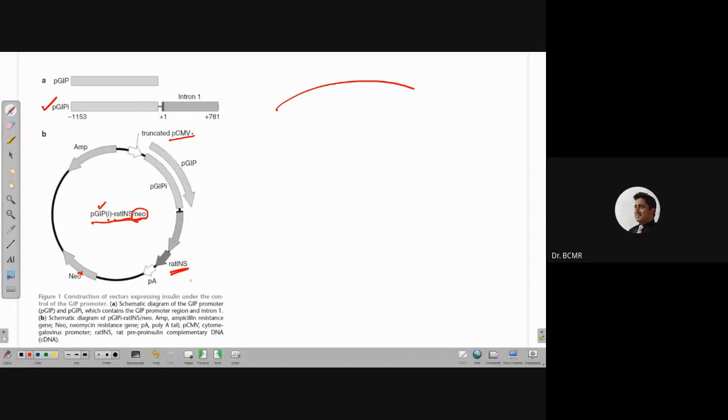They used rat insulin, the cDNA. I would want you to be competent at this stage to be able to read and figure out what they have done just by looking at the diagram, because all the things that we have discussed here are evident here. They have constructed a vector for expression of insulin, and they have chosen GIP.